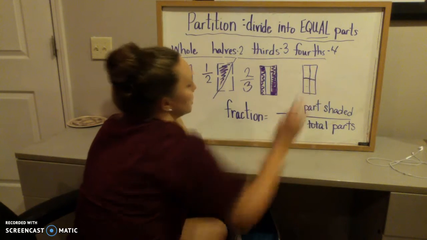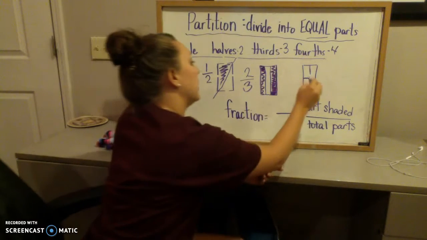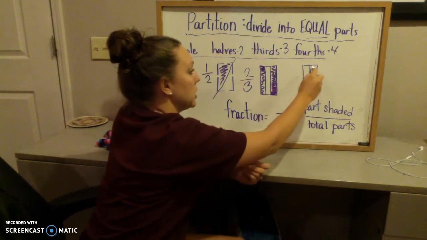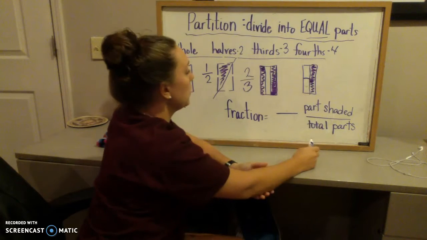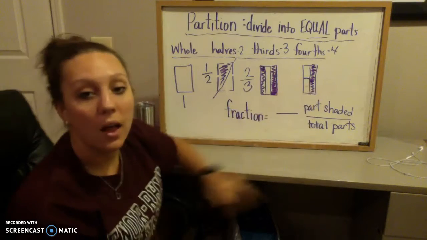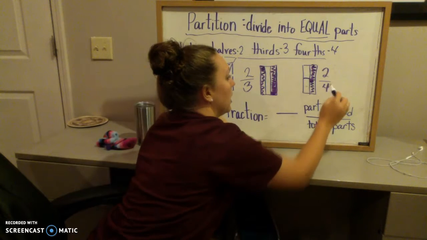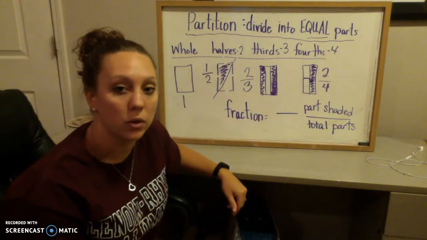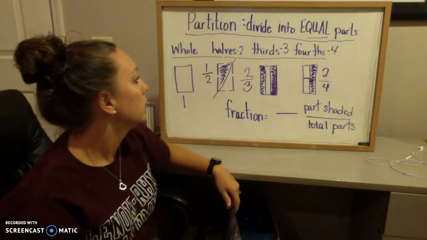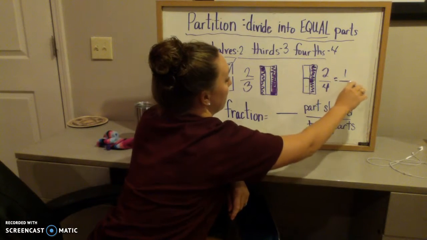If I were going to partition this into fourths, just like a window, there are 4 equal parts. If I shade in this, that would make it 1/4. If I shaded in 2 of them, that would also be 2/4. What other word could we call this? We have 2/4 right here, but how much of the rectangle is covered? Think about it. You could also say 1/2 of it, right?